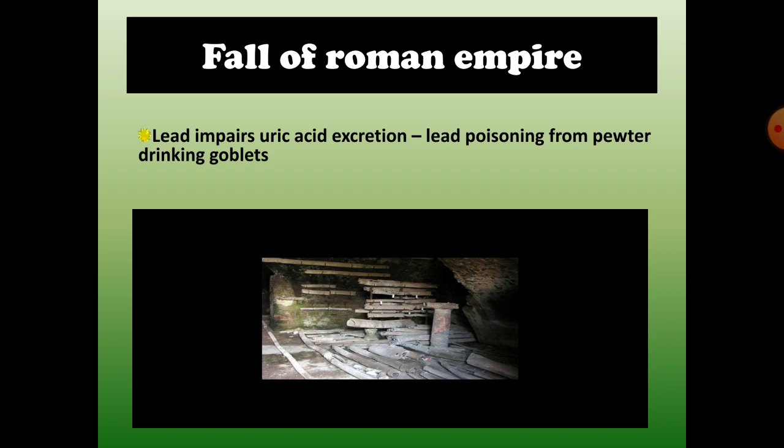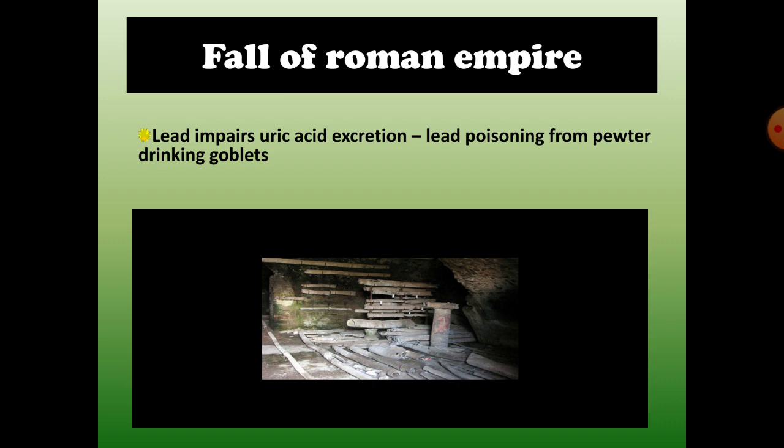A very interesting fact about hyperuricemia or uric acid poisoning, you can say: lead poisoning can lead to uric acid elevation by impairing its excretion. So one theory put forth is that the fall of the Roman Empire was probably due to lead poisoning.